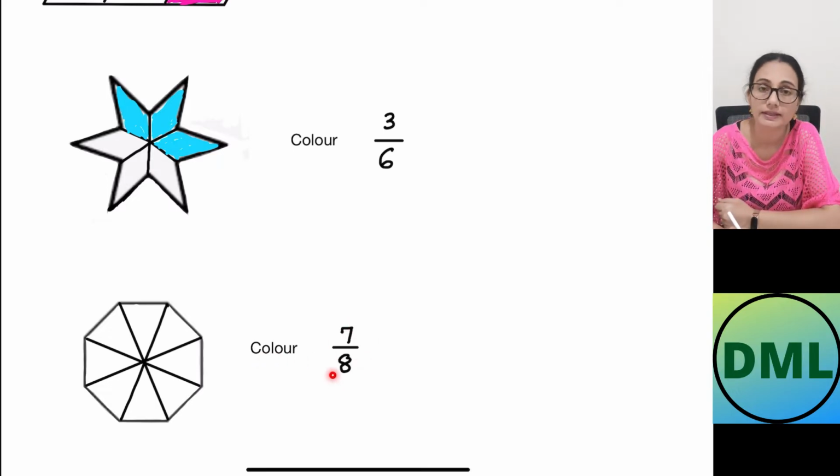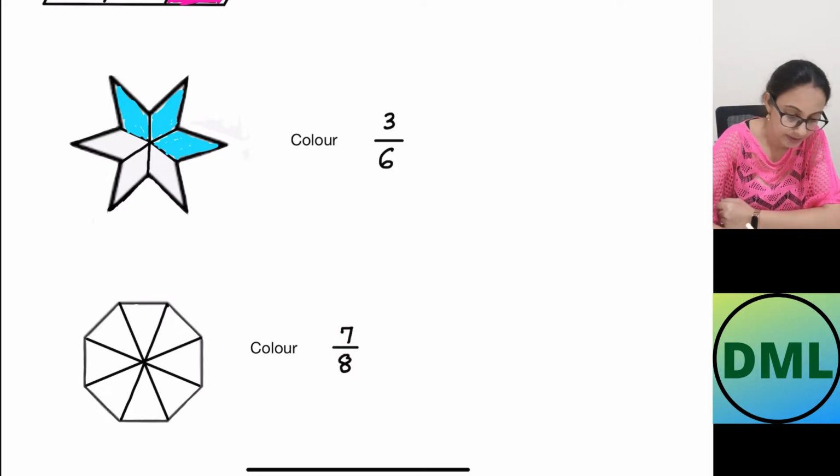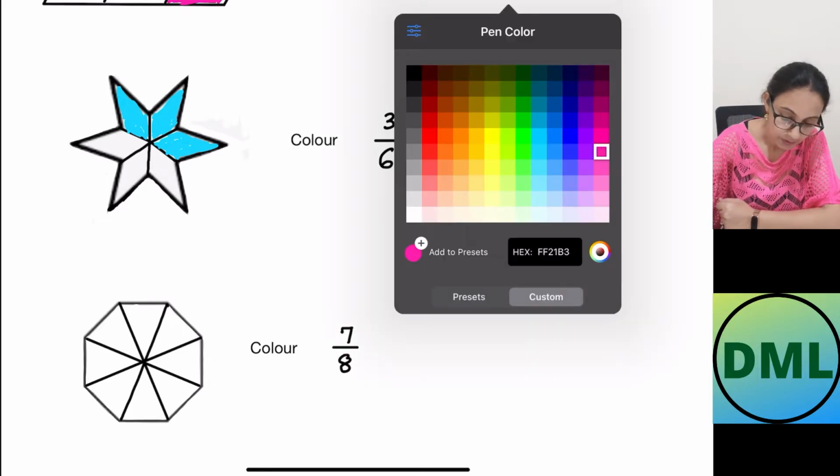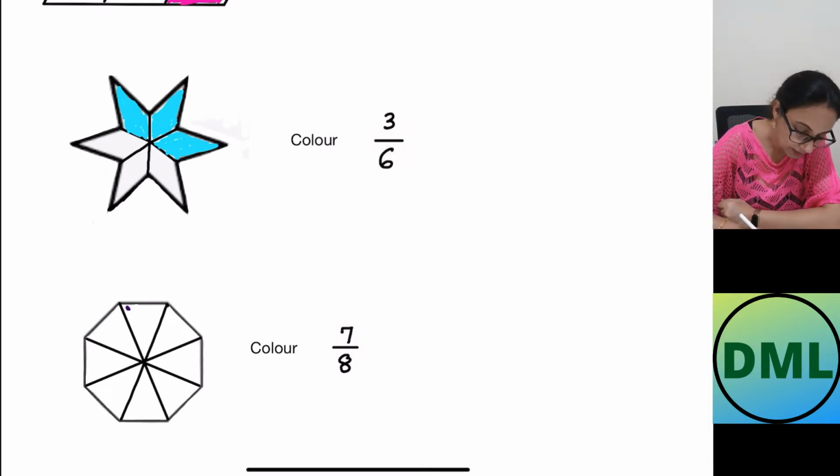Color 7/8. So out of 8 parts, 1, 2, 3, 4, 5, 6, 7, 8 parts. I have to color 7 parts. So let's color it. So let's take purple. So I have to color 7 parts.